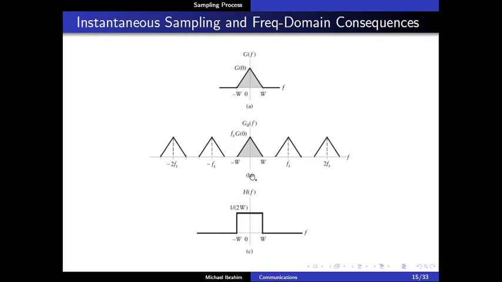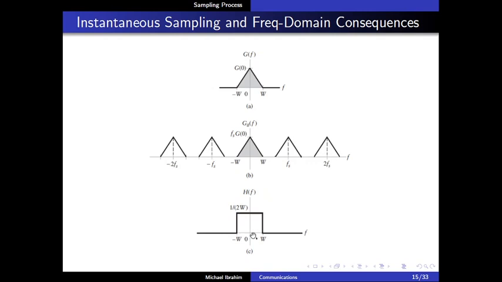And this is basically the spectrum we are looking for, the spectrum of the original signal. So if you pass this signal to this filter, you will get this spectrum. In other words, if you pass a discrete time signal into this kind of filter, you will get a continuous time signal. And this filter is a low pass filter. It allows the low frequencies around 0 to pass. So this is how we're going to reconstruct the original signal.